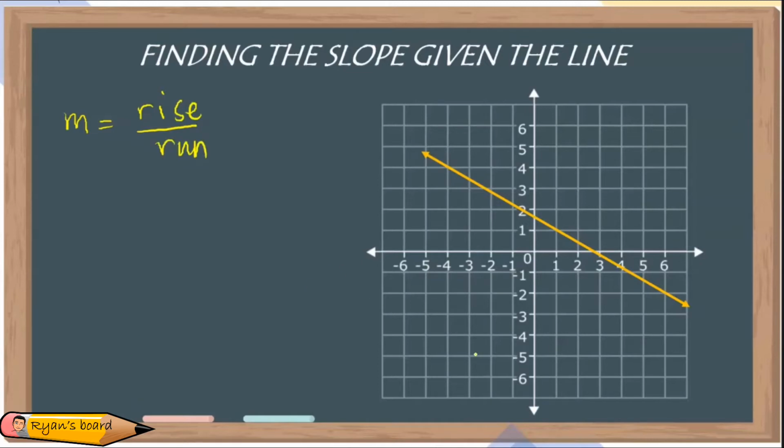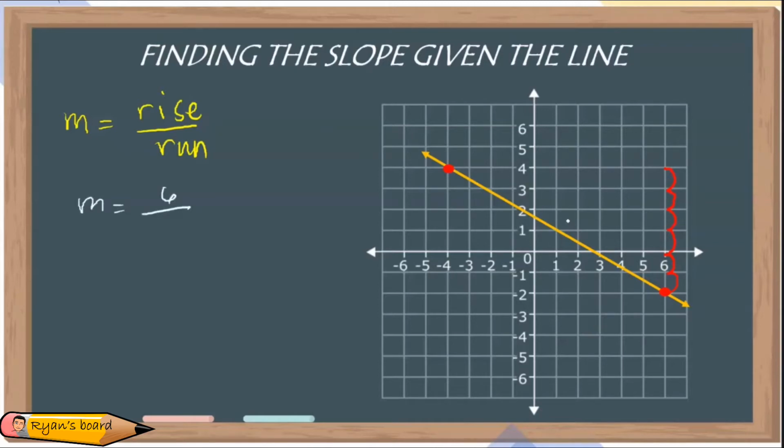Now, let's choose 2 points. Okay, let's choose that one, then another one. So, bilang tayo ng kanyang rise, mula dito sa point na to, paakyat, 1, 2, 3, 4, 5, 6. So, yung kanyang rise ay 6 units.